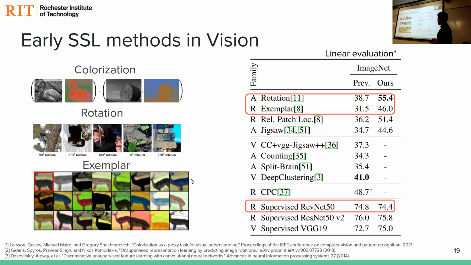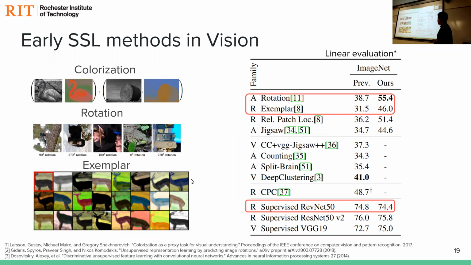You can have another task like rotation prediction, where you take an image, rotate it by some angle, and then try to predict with the network what that rotation was. This is easy to do because the rotation angle is the one that you are imposing, so you will have that label right away.